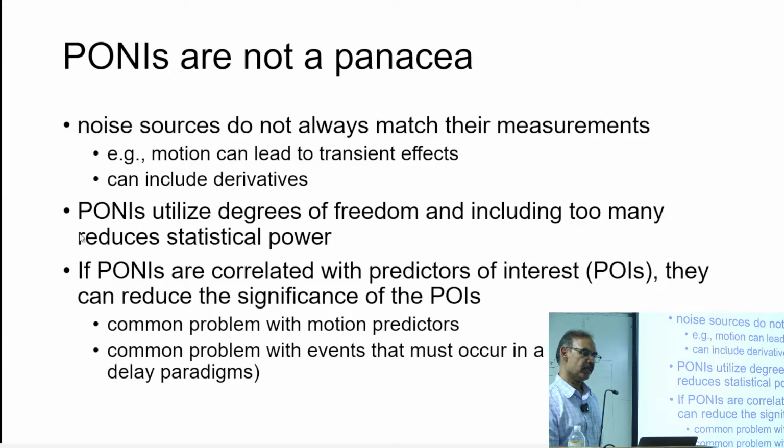Motion can lead to transient effects, which can include derivatives, and this uses up degrees of freedom, and including too many reduces statistical power. So for head motion, like the example we did, we use 6 parameters: X, Y, Z, and then rotation.